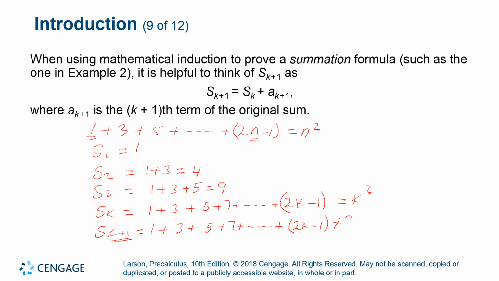So it's going to be 2 times k plus 1 minus 1. So this number over here would be your Ak plus 1 that we are looking at. So every time I want to add the next term, all I have to do is add the next element of the sequence given.